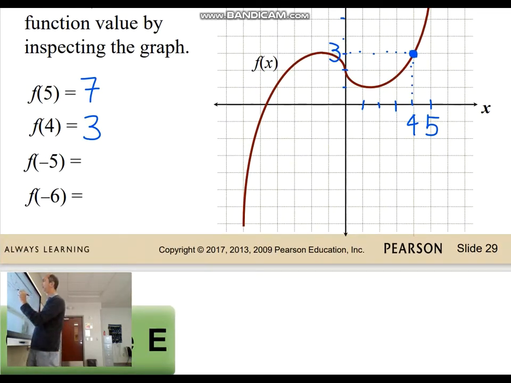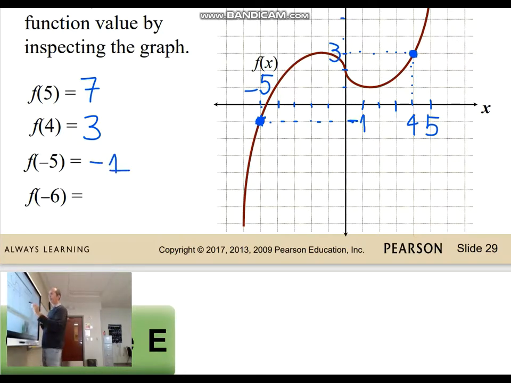All right, -5. 1, 2, 3, 4, -5. -5 is here. Let me write a nice 5. And the answer is the point on the graph: -1, right? y is -1.